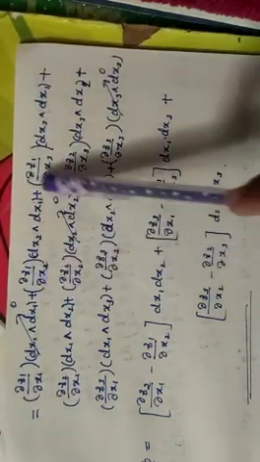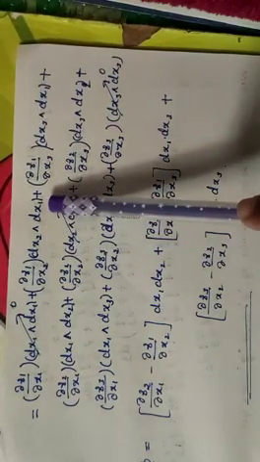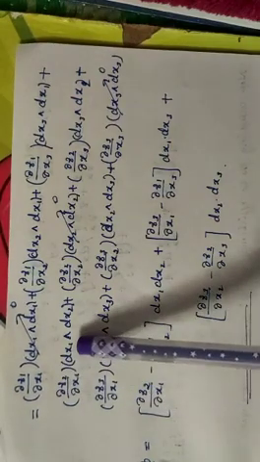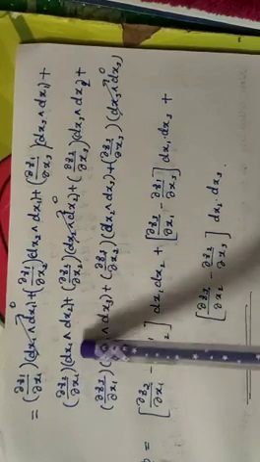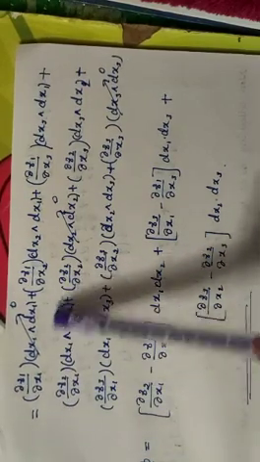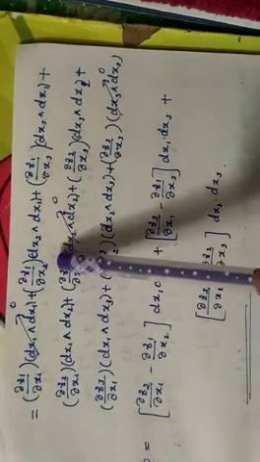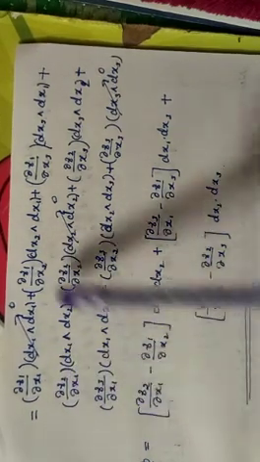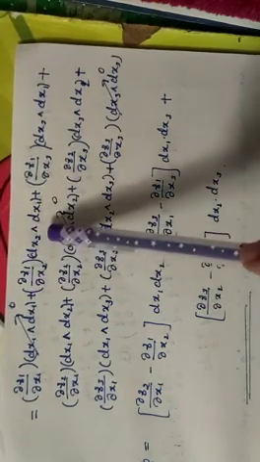Then the remaining, look here, del f1 by del x2 into dx2 wedge dx1 is there. Similarly, observe here, we get del f2 by del x1 into dx1 wedge dx2. Okay, now by using the anti-commutative property, dx2 wedge dx1 can be represented as minus dx1 wedge dx2. So this becomes minus del f1 by del x2 into dx1 wedge dx2.